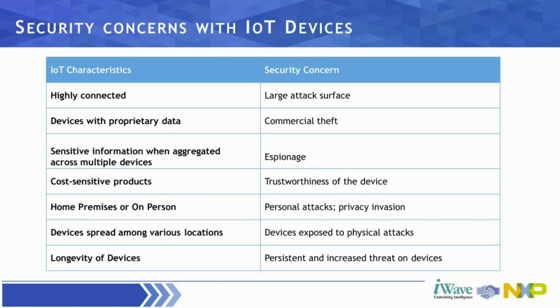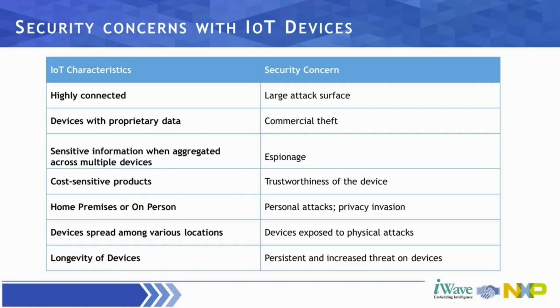When we talk about security on IoT devices, the main concerns that pop up are large attack surface, commercial theft, so IP protection, espionage, trustworthiness of the devices, data integrity and protection from personal attacks and privacy invasion. IoT devices are also placed in locations where it's easy to attack them.